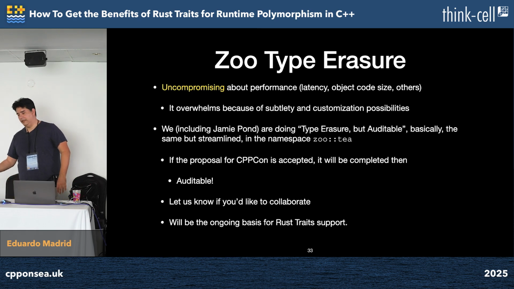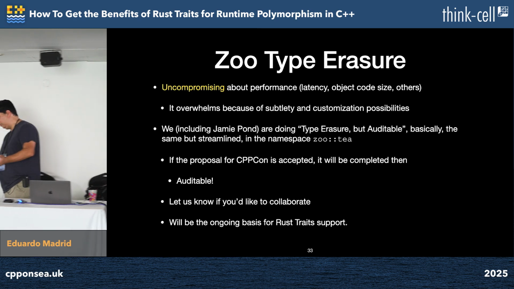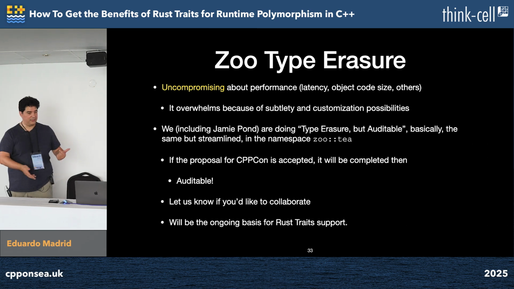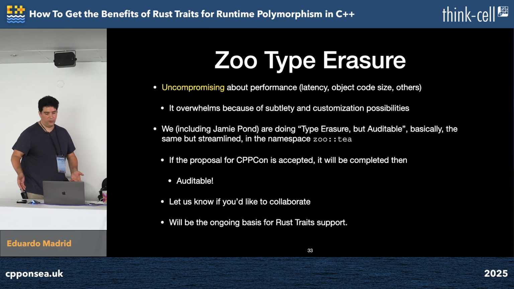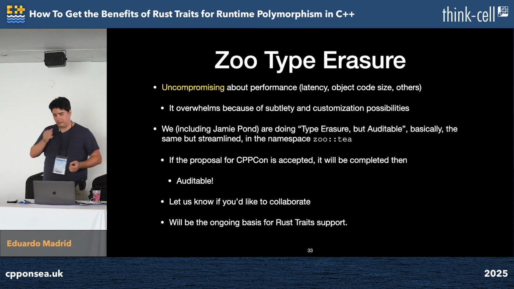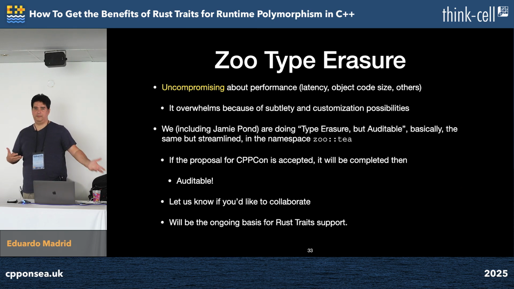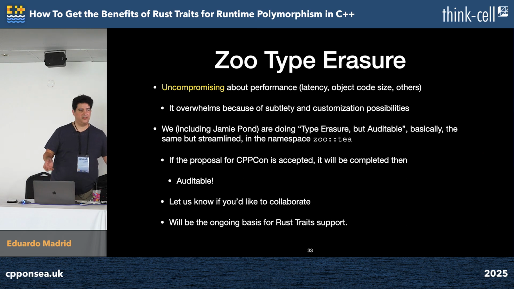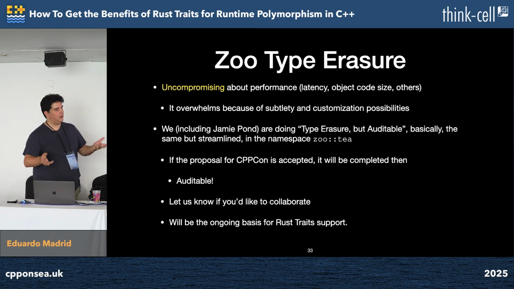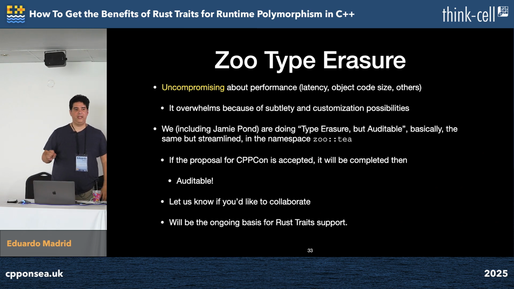And then there is a framework, the type erasure framework, that is uncompromising about performance, and is rather overwhelming to use because it has so many customization options that people get distracted by them. Their presence requires the code to be very, very careful about everything it does so that the customization options can work reliably.